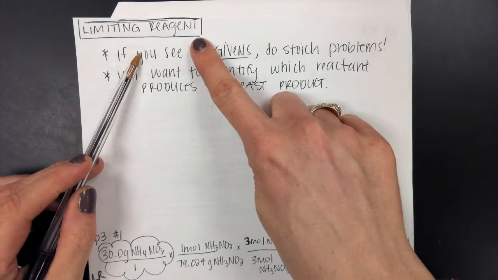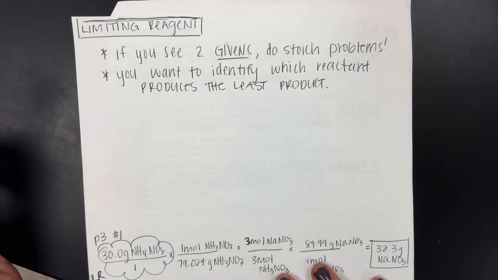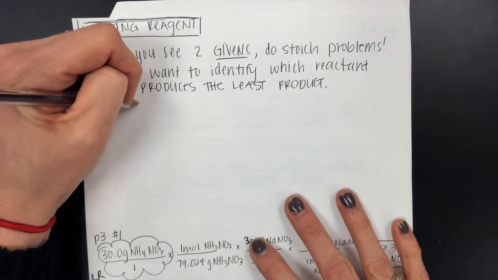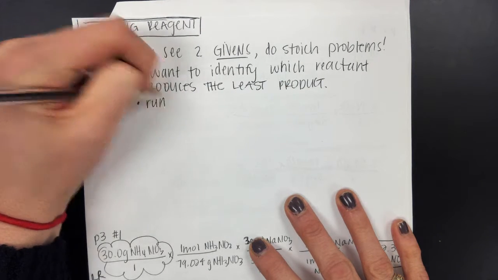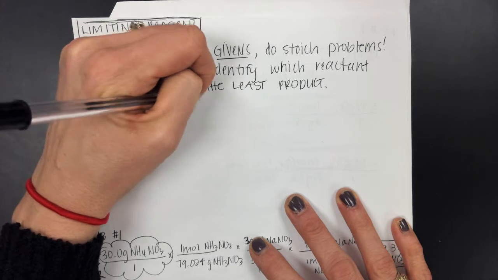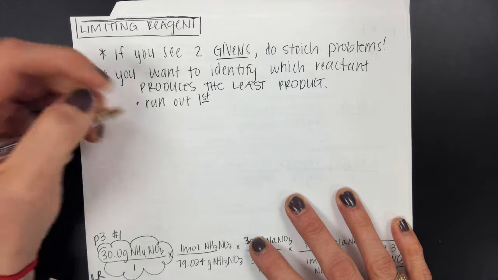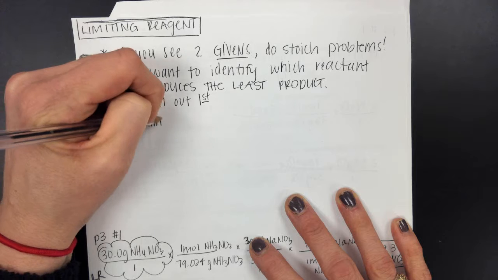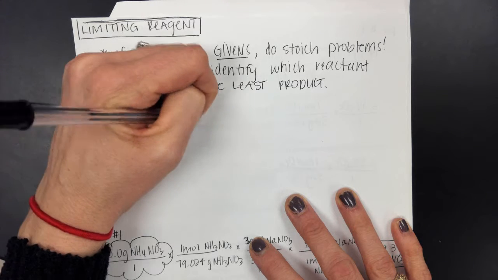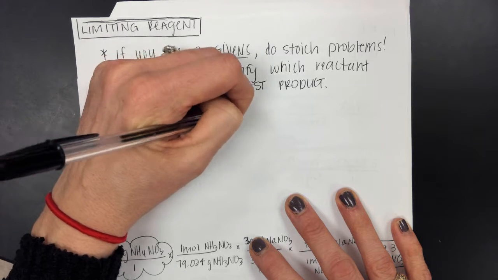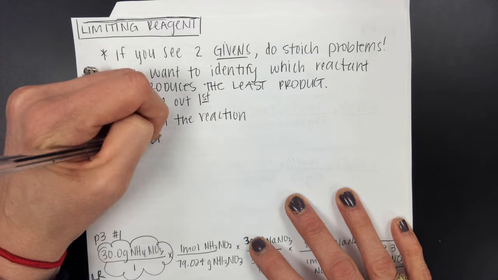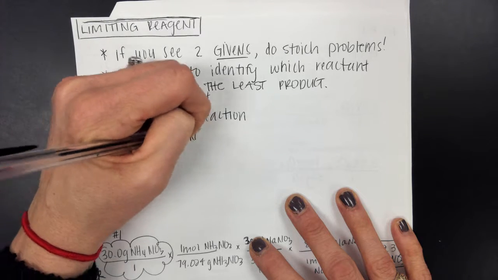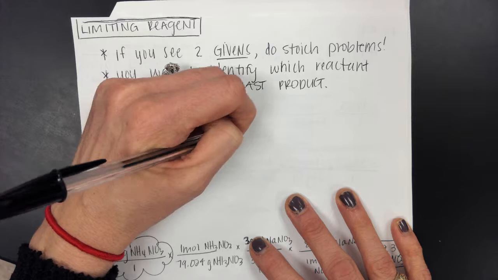Okay, so that is called your limiting reactant or limiting reagent. This reactant will run out first. This reactant will limit the reaction, and it's called the limiting reagent or reactant.